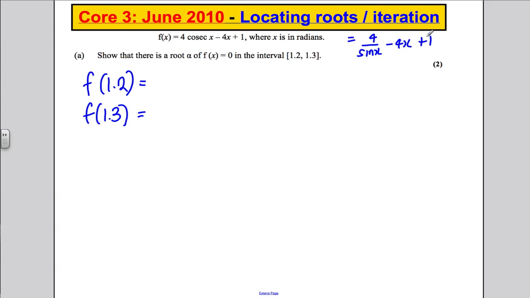So 4 over sine x, subtract 4x plus 1. You want to work that out when x is 1.2. You get yourself 0.49, and if you work it out when x is 1.3, you get yourself negative 0.05, and then you say therefore change of sign, f continuous.